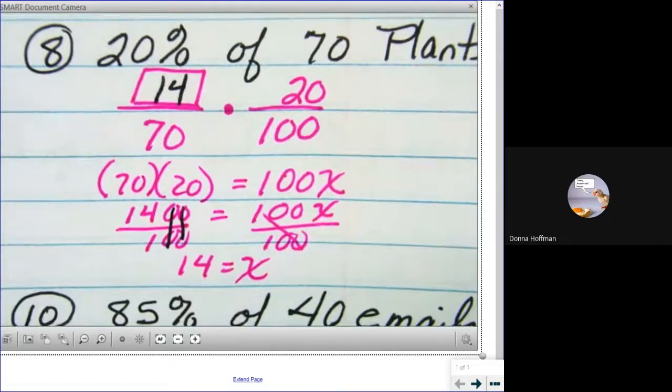You're struggling? Start the next one, 32% of 25. It's written here on the paper. Can I move this now? Natalie's still writing. It's all about patterns.